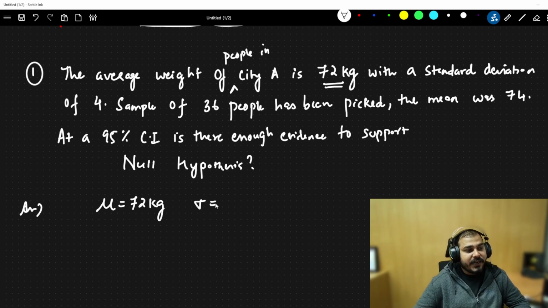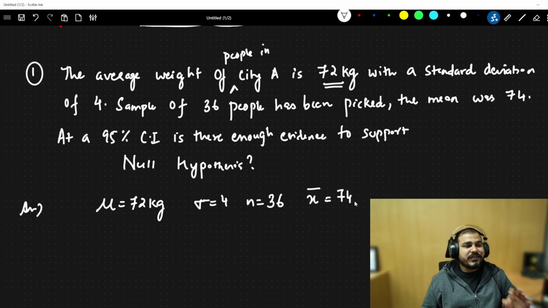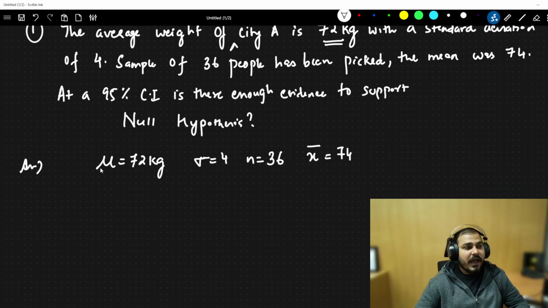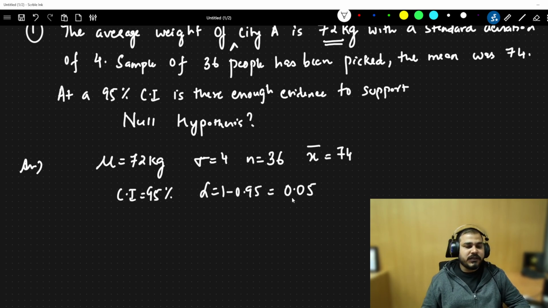The population standard deviation is 4. The n value, a sample of 36 people, has been picked, and the x bar, that is the mean of the sample, is 74. So this is all the information I have. The confidence interval is also given, that is 95%. Whenever we have a confidence interval, with its help we can calculate our significance value. So here our significance value is 0.05.